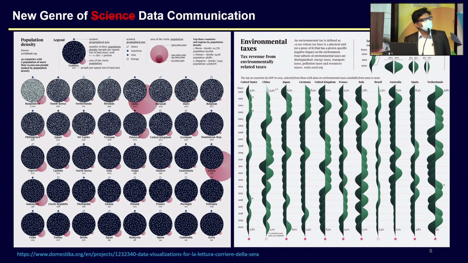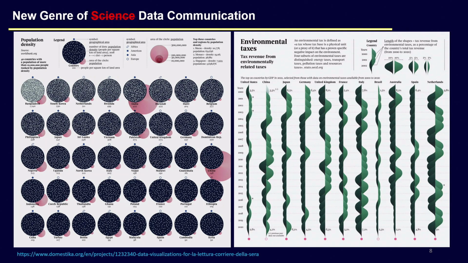On the other hand, on the right-hand side, you can see the green taxes, environmental taxes in different countries, and how they have evolved over the years. Now, these are very unique types of data visualizations or data communication in the genre of science communication.